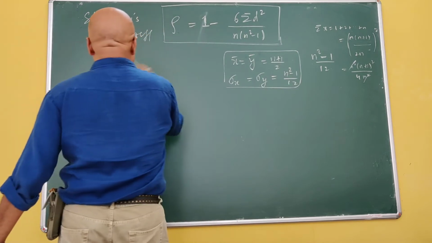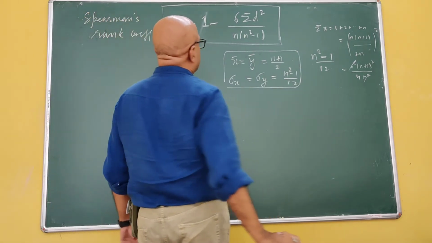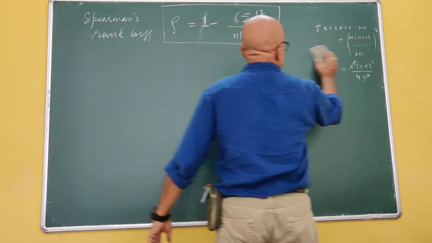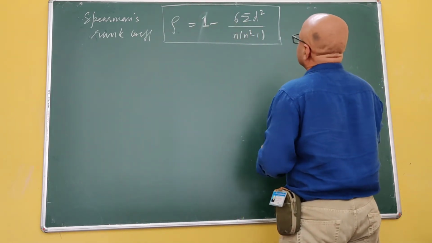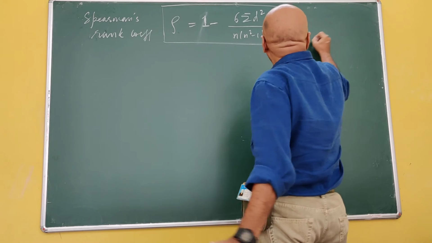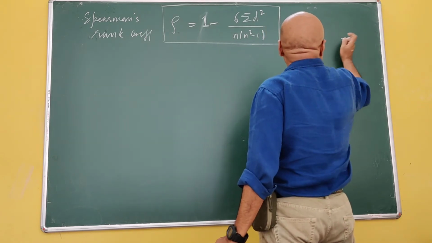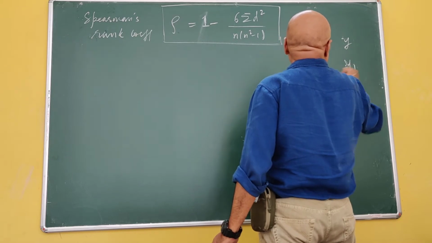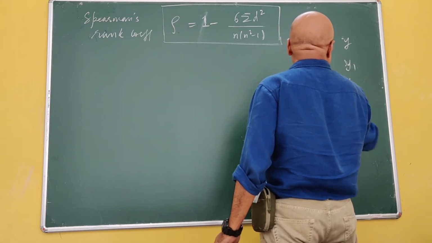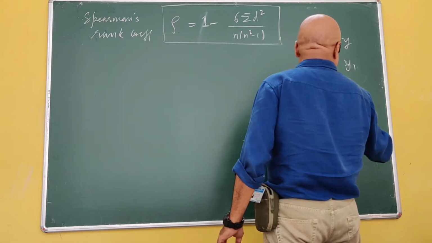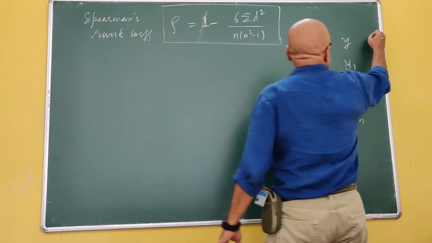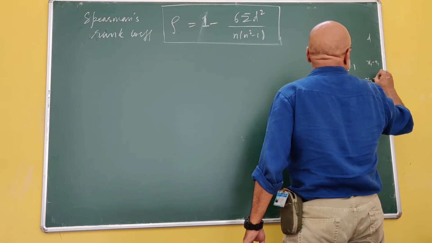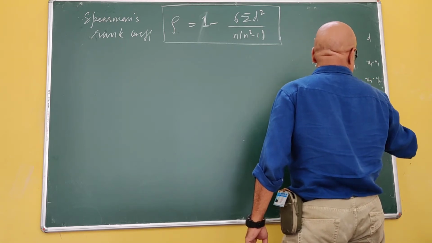And now we got to show that the formula comes like this, but I didn't tell you what is d. When the variables are given x and y, and the values are given x1, y1, x2, y2, and so on, xn, yn, your d variable is nothing but x1 minus y1, x2 minus y2, xn minus yn.